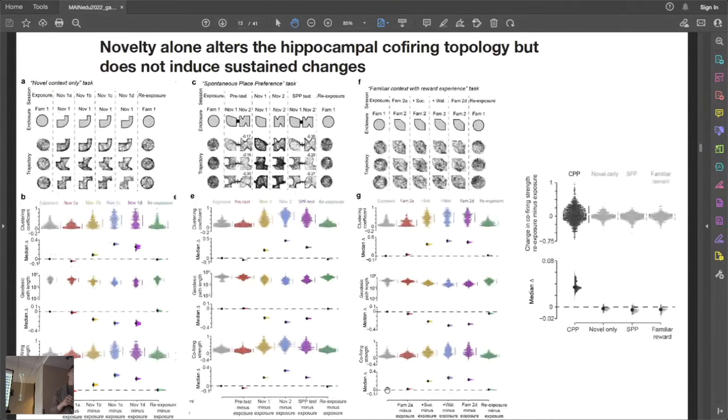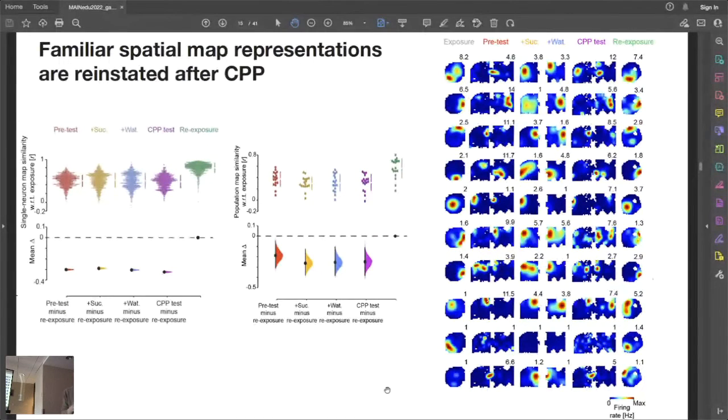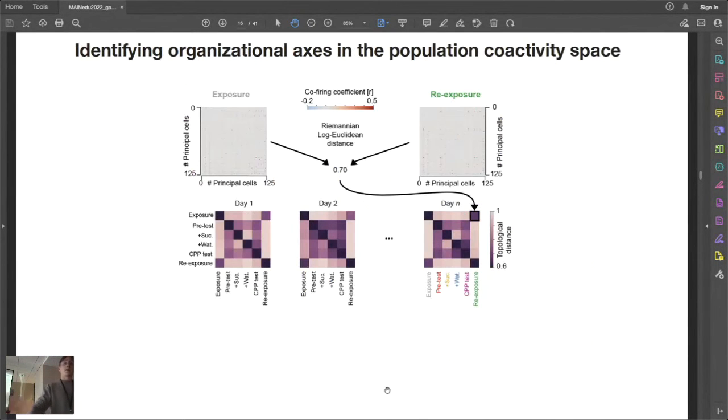And this is because the spatial map or place field of a cell is measured over like 20 minutes of exploration. So it's a very crude approximation of the actual possible function that this cell is taking.